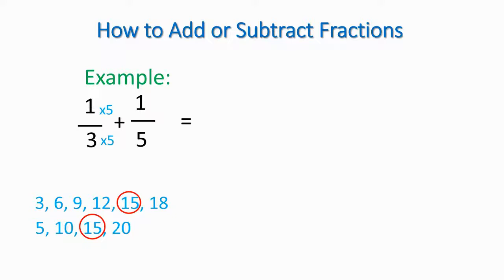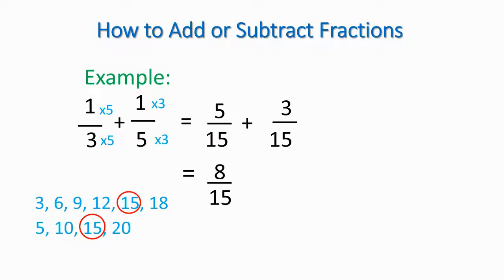So 3 times 5 gives you 15, and 1 times 5 gives you 5. For the second fraction, you multiply 5 by 3 to give you 15, and do the same to the numerator, 1 times 3. So 5 times 3 is 15, and 1 times 3 gives you 3. You have a common denominator of 15 now, so you copy that and then add the numerators. 5 plus 3 gives you 8.